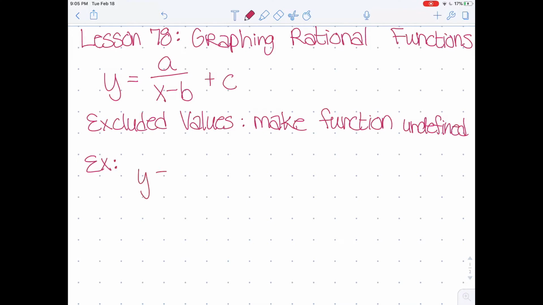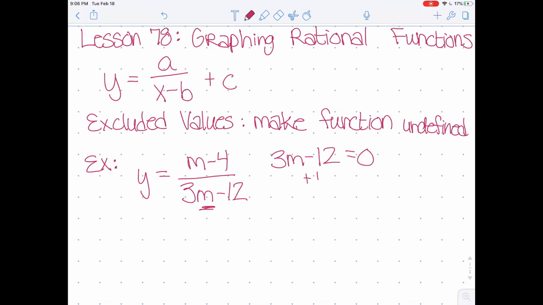So if I have y equals m minus 4 over 3m minus 12. All I'm going to do is figure out what can m be that makes this function undefined. So I just take 3m minus 12 and set it equal to 0, because if that bottom piece equals 0, then the entire thing is undefined.